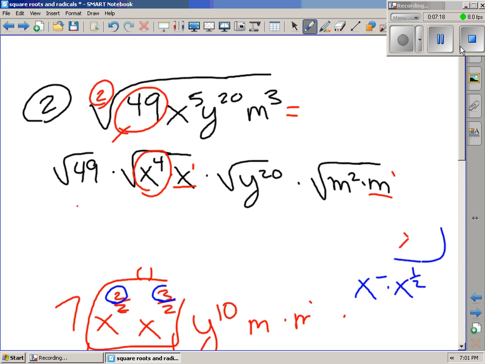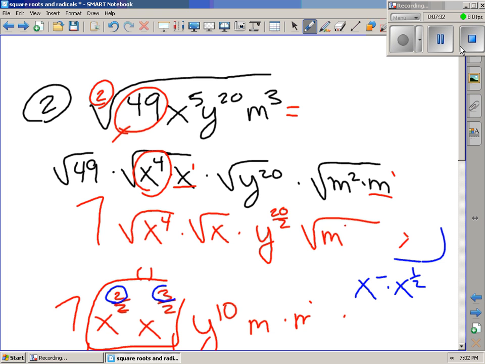So now I get 7, and I'm going to write this as the square root of x to the 4th times the square root of x times the square root of y to the 20th, or I could write this as, I'm going to go ahead and write this as 20 divided by 2 multiplied by m squared, the square root of m squared multiplied by the square root of m.